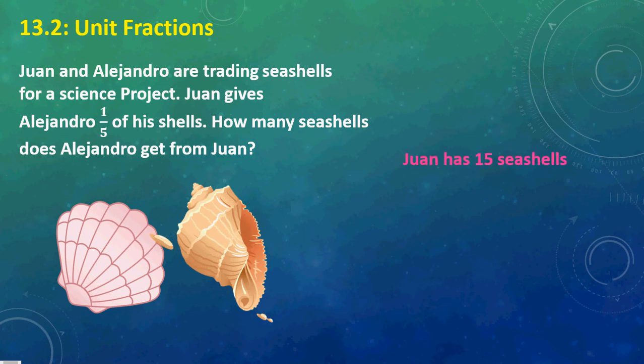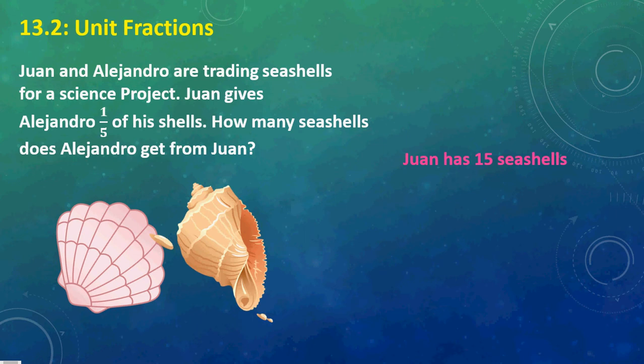The total of seashells that he has is 15. Juan has 15 seashells, but Juan gave 1/5 of his shells. We need to find how many, cuántas les dio, cuánto Alejandro obtuvo.